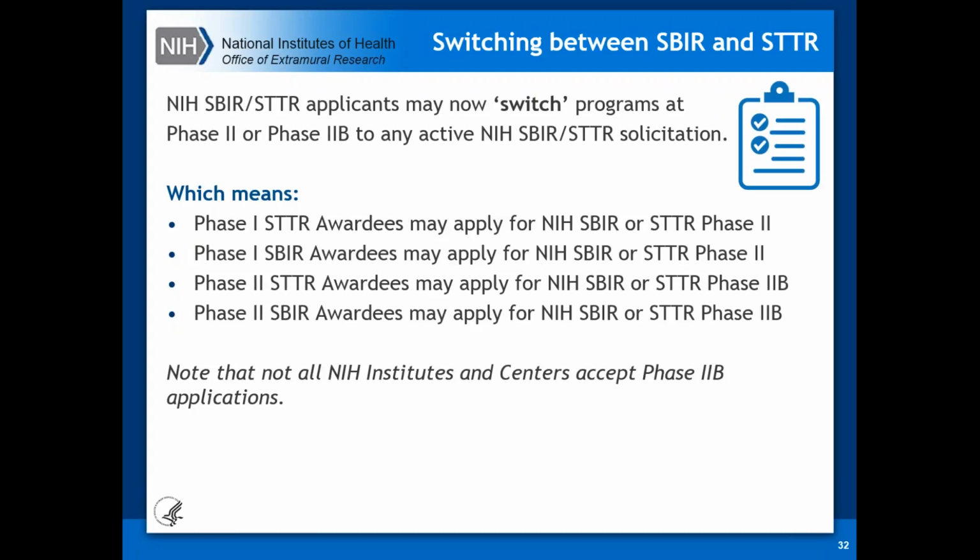Then they complete that project, and at Phase 2, the small business concern doesn't need the university any longer. So it would apply for an SBIR Phase 2 as opposed to an STTR Phase 2. That is what is meant by switching programs, from an STTR to an SBIR. Please note that not all the NIH institutes and centers accept Phase 2B applications, so you have to be aware of that when you're considering switching.